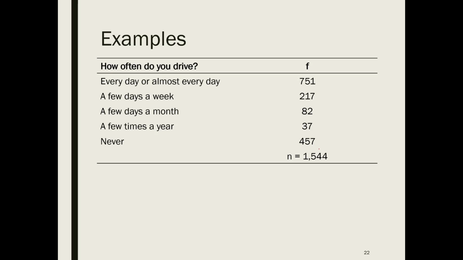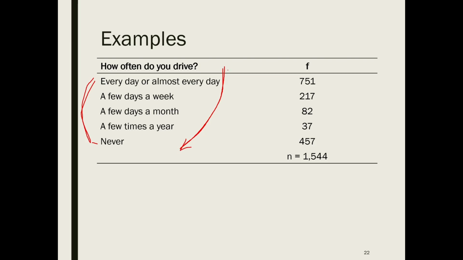Okay, so the example here is the question: how often do you drive? People answer 5 different ways: every day, a few days a week, a few days a month, a few times a year, and never. So these are categorical variable answers, right? And the thing is you can actually rank them.